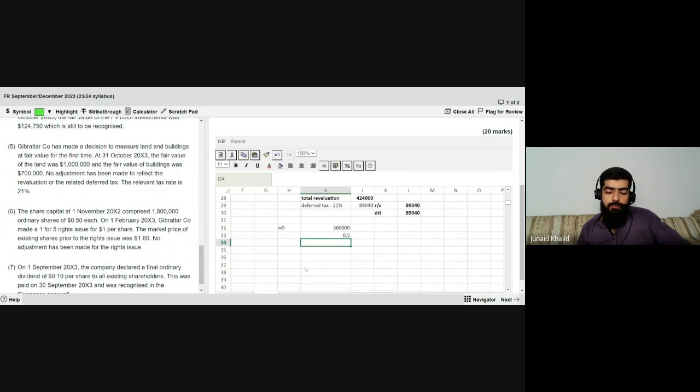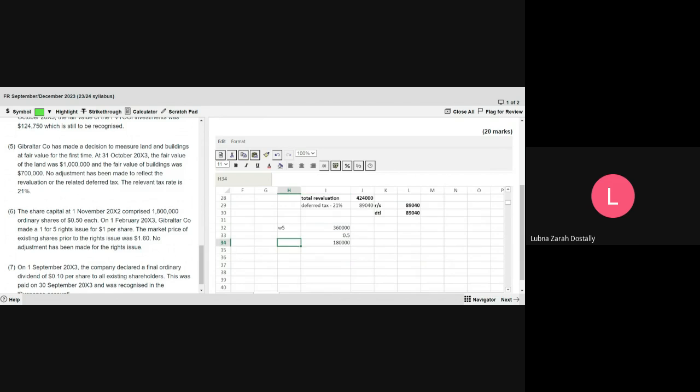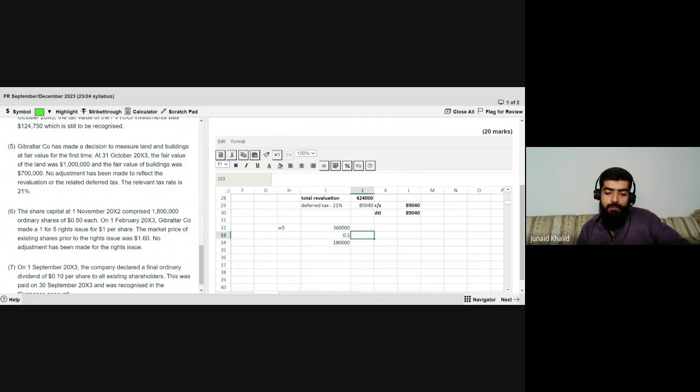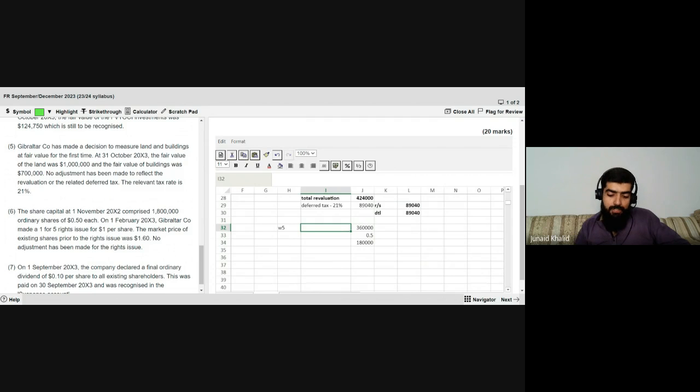Now we are just going to calculate the value. So how are we going to calculate it? 3,60,000 times 0.5, that is 1,80,000. And what is that 1,80,000? That is the monetary value of the right shares.